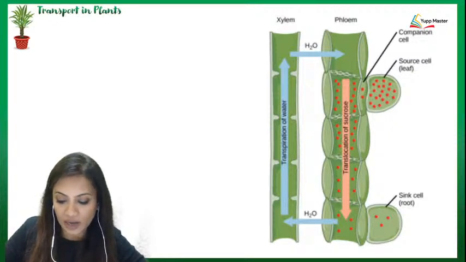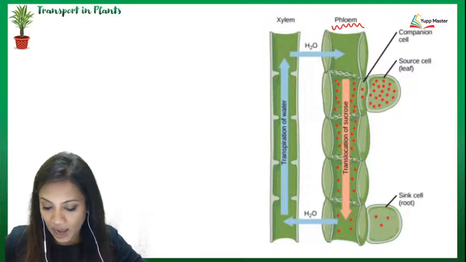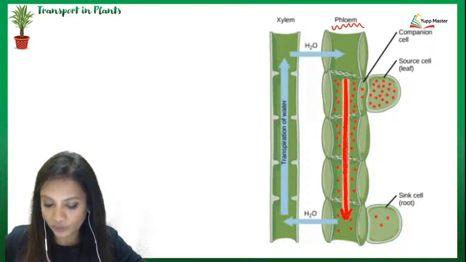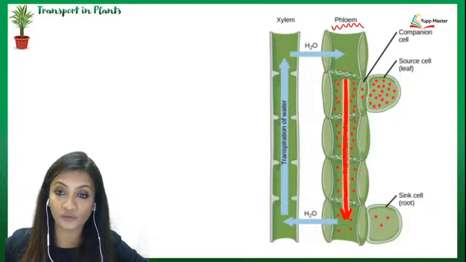So can you see here how we are indicating the phloem, and it is shown how the sucrose is going to have a downward movement, because it is starting from the level of the leaf.